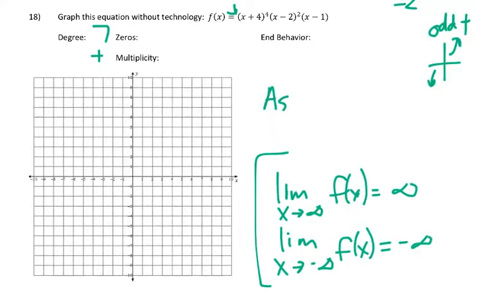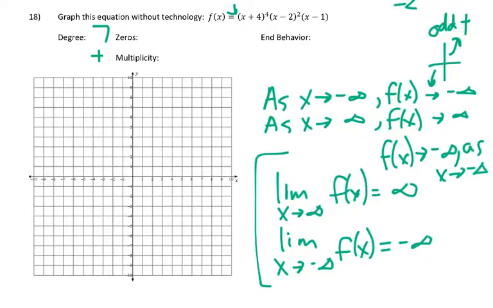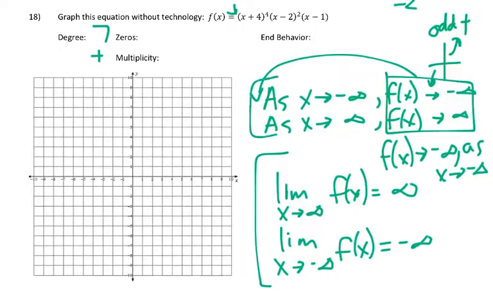Or as x approaches negative infinity and as x approaches positive infinity, f of x approaches negative infinity or positive infinity. You could even write f of x approaches negative infinity as x approaches negative infinity. You could even flip it around and just take those and move them out to the front. But you only need 2 of them, okay? You only need 2 of them.